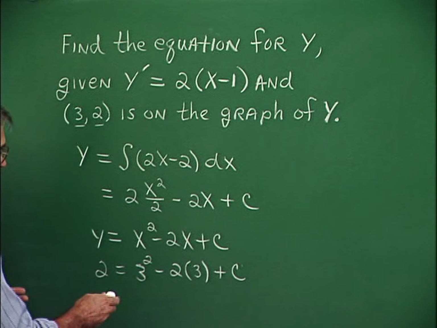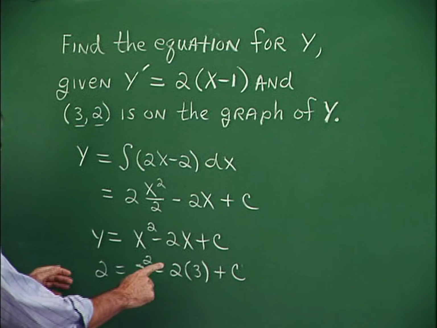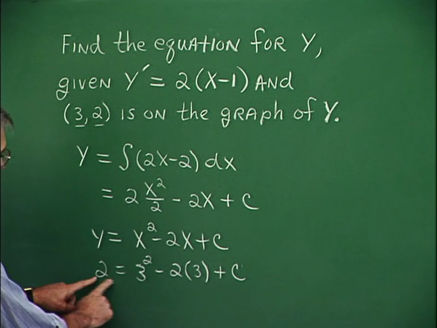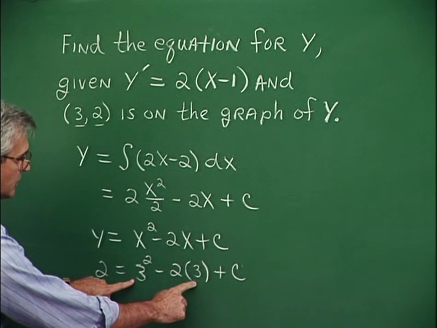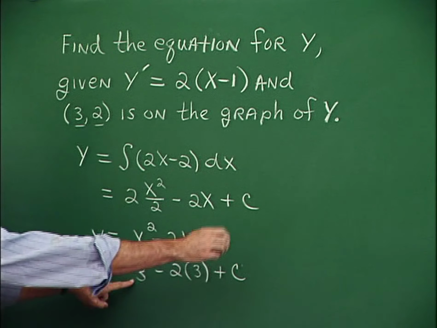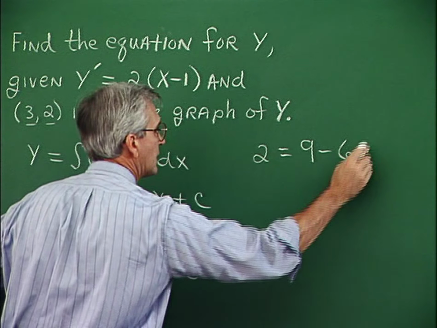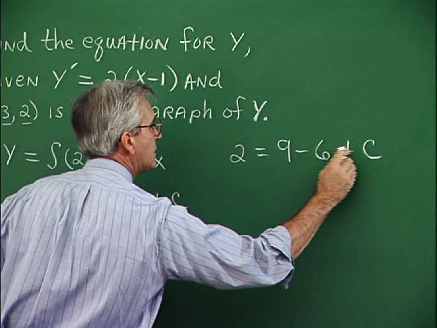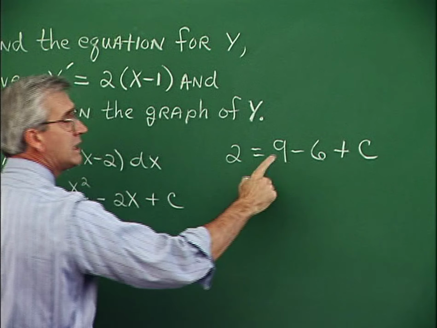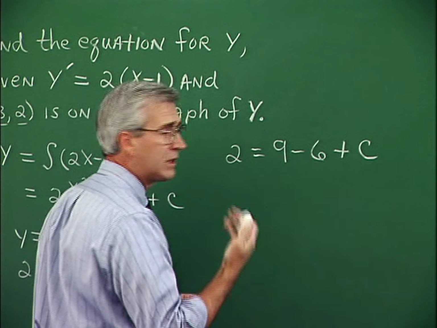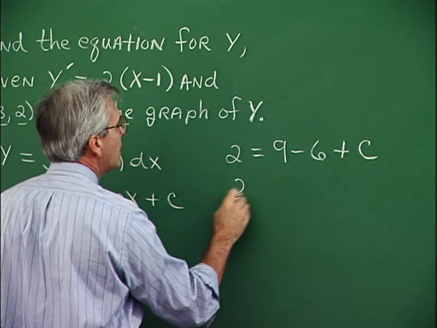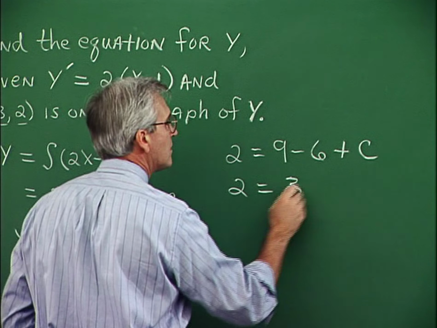Let's continue with this. I'm simplifying on the right side. I'm going to need to go out to the right here, so it'll be 2 equals 9 minus 6 plus c. You notice how I resisted the temptation to bring these together in that step? I'm a good boy, huh? Okay, so here we have 2 equals 3 plus c.